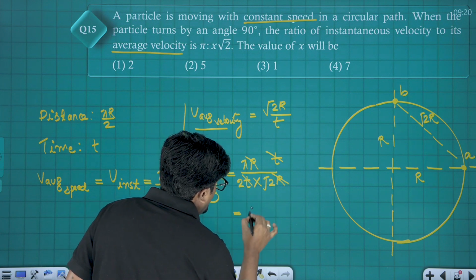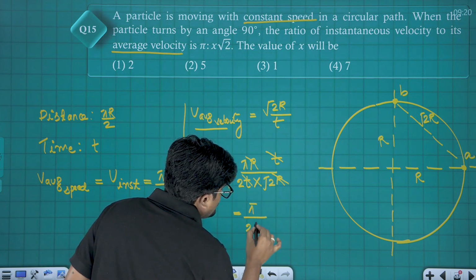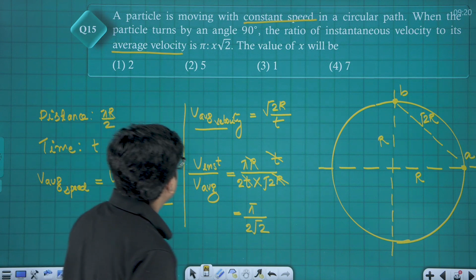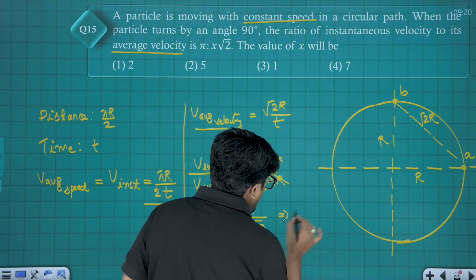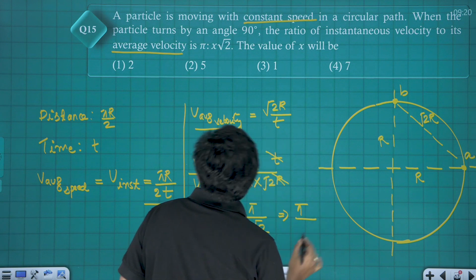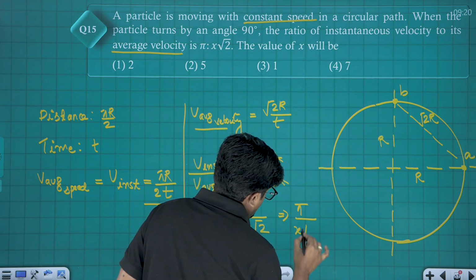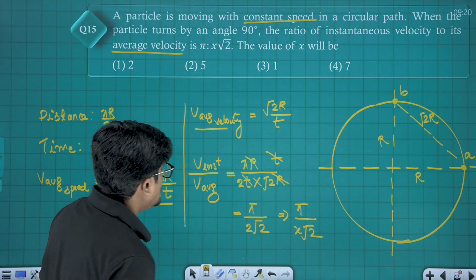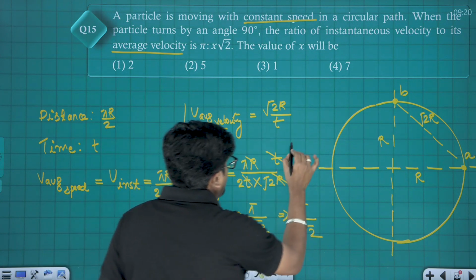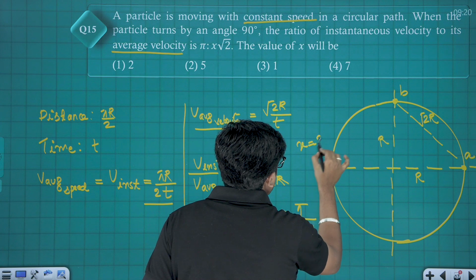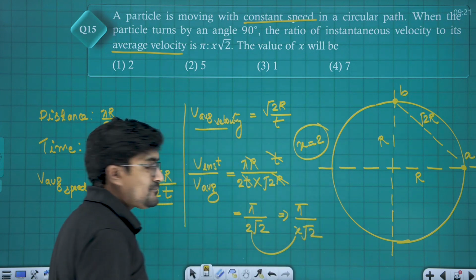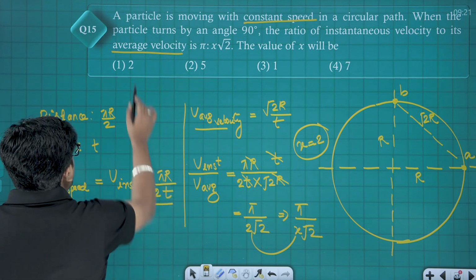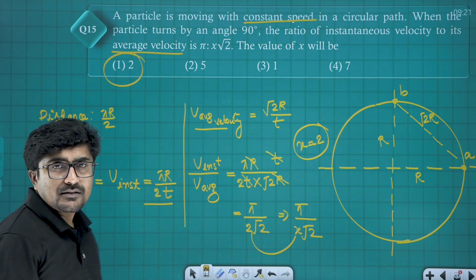So here this is going to be pi upon 2 root 2. As per the question it is given as pi upon x root 2, which means the value of x needs to be 2. So option 1 must be the correct answer.